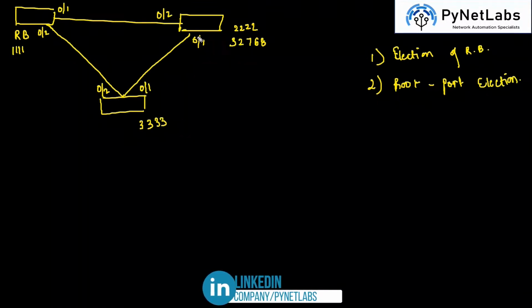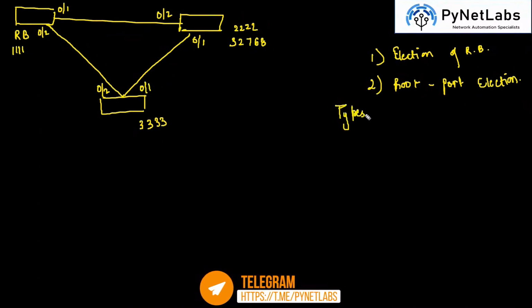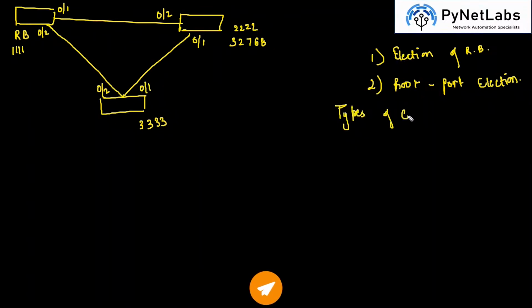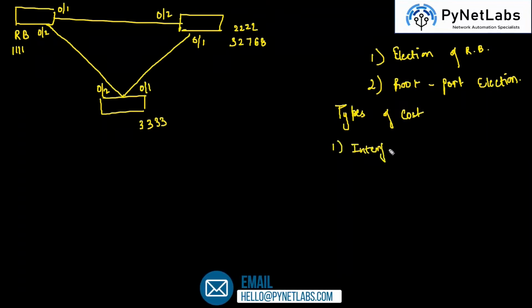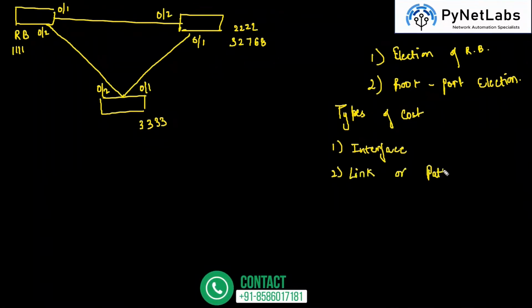So this is done on the basis of cost. And if we talk about the types of cost, we have the first cost as interface cost, then we have link cost, or you can say the path cost.